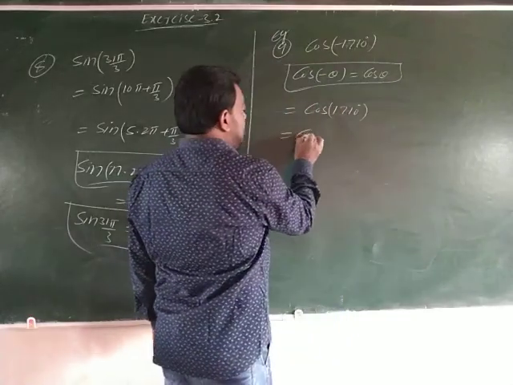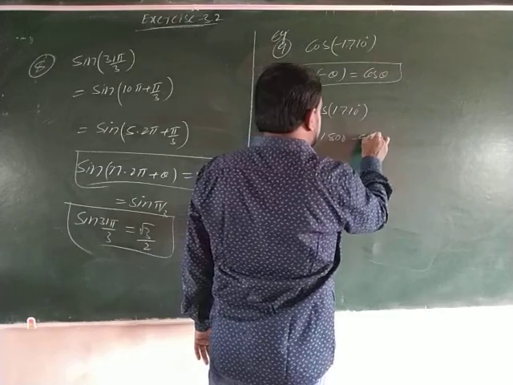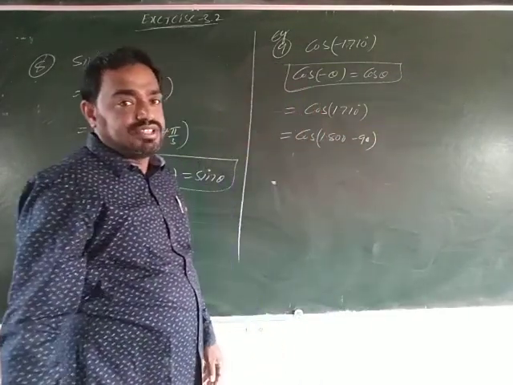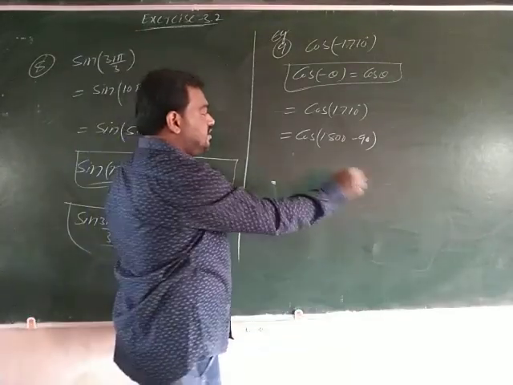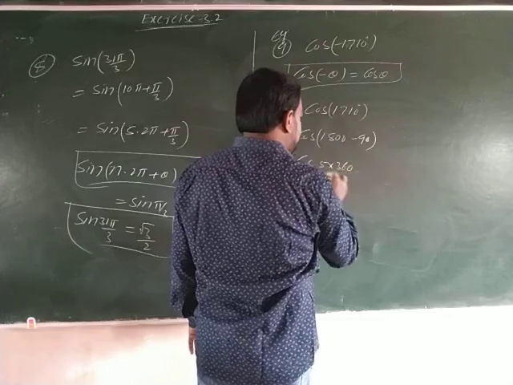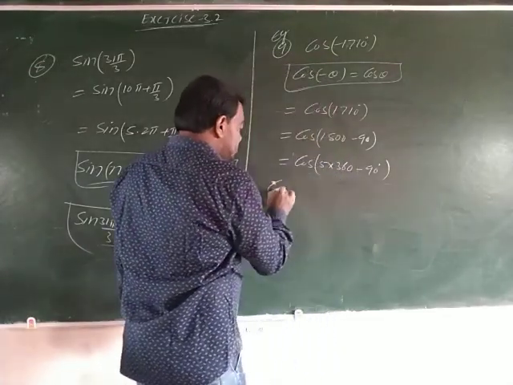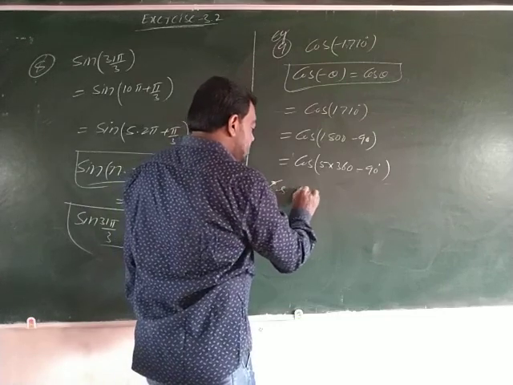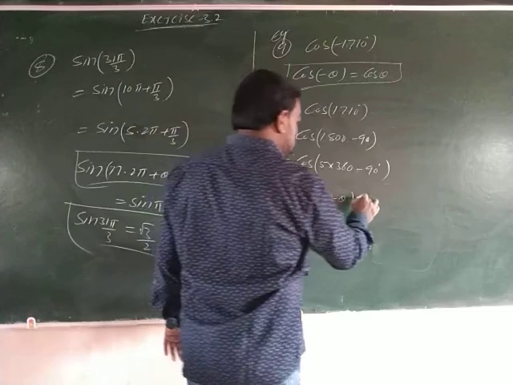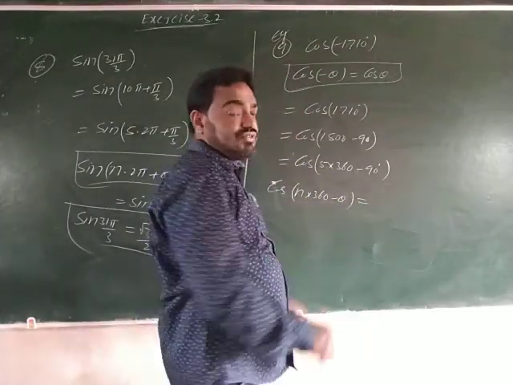What am I writing? 1800 minus 90 is 1710. 1800 is equal to 5 into 360, so 5 into 360 minus 90. So it is in the form of cos of n into 360 minus theta. Which quadrant does n into 360 minus theta lie in?